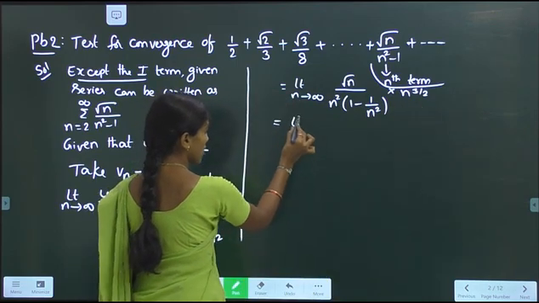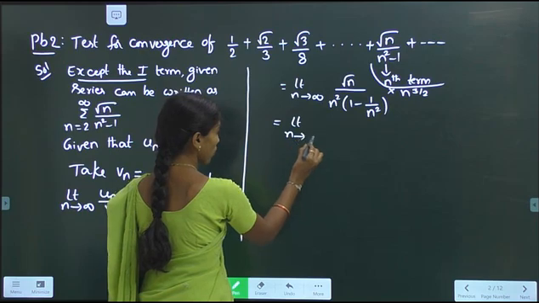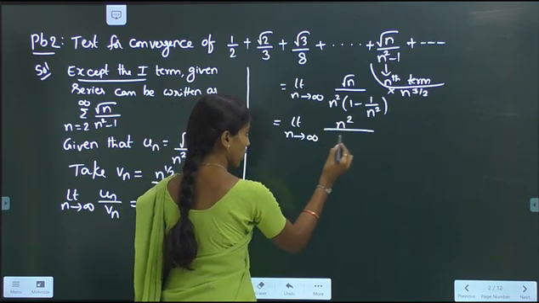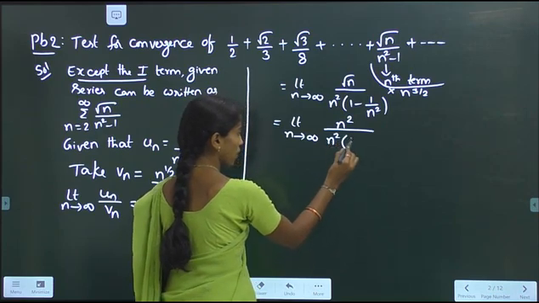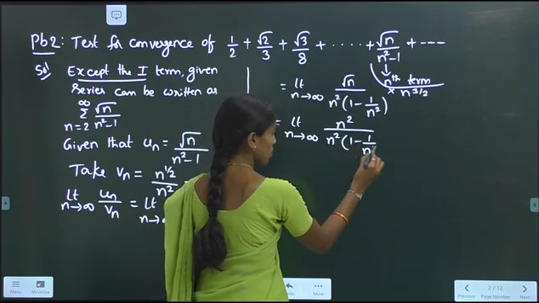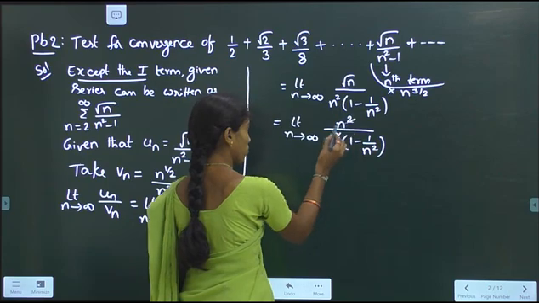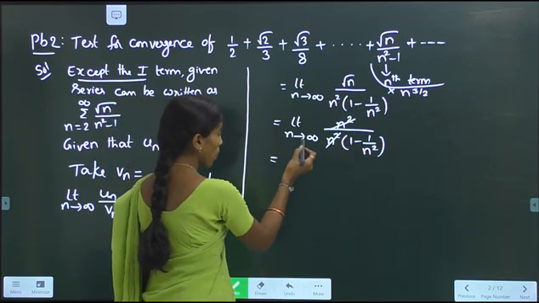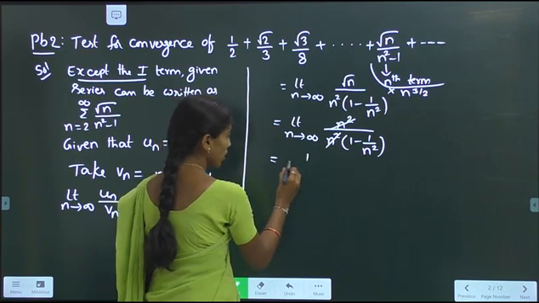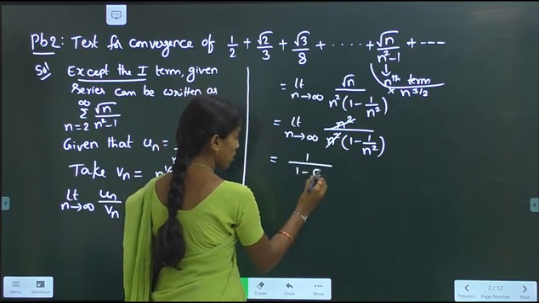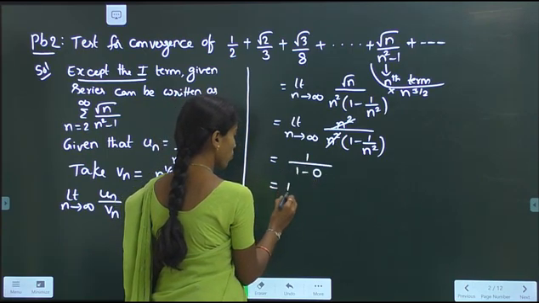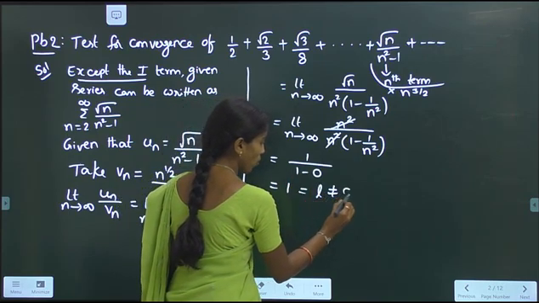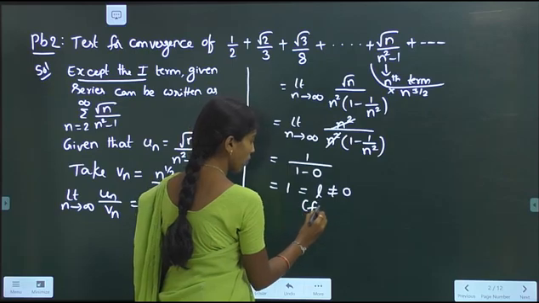So, which is limit n tends to infinity. Root n into n power 3 by 2 is n square, by n square into 1 minus 1 by n square. These two get cancelled. So, now apply limit n tends to infinity, 1 by 1 minus 0, which is equal to 1. It is the limit value, not equal to 0, and also it is a finite number.